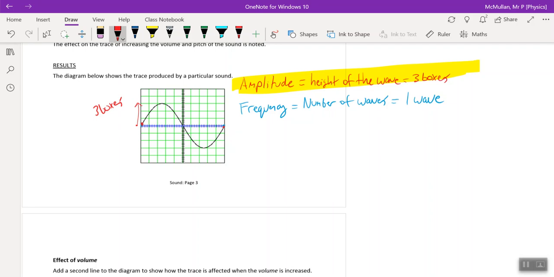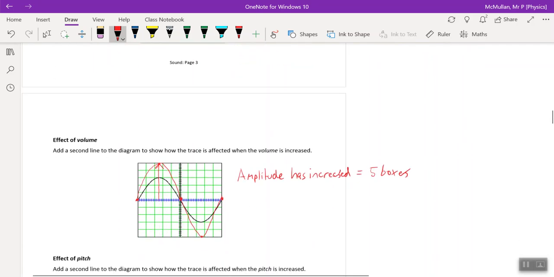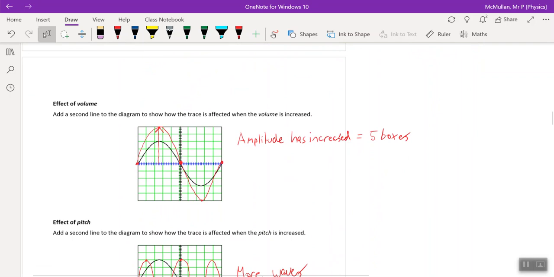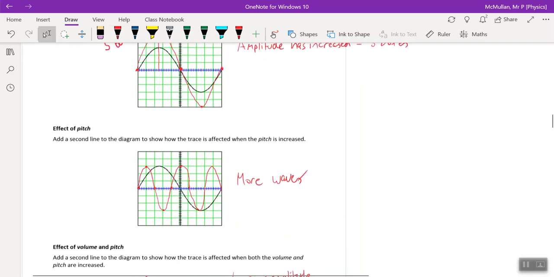If we increase the volume of the sound, the amplitude also increases. In this case, when the sound is increased, the amplitude goes from 3 to 5. If we change the frequency, we also change the pitch. What this means is we change the amount of waves that we see on the screen.